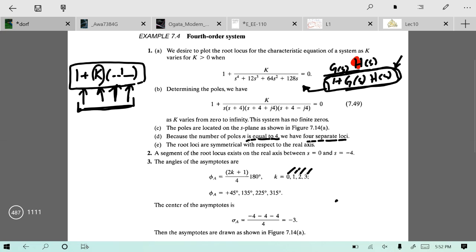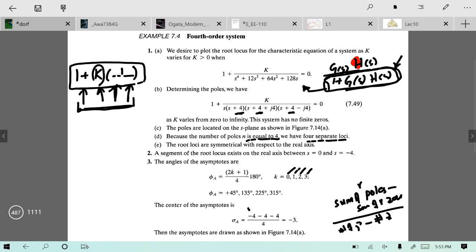The center of the asymptotes is the sum of the real parts of the poles minus the sum of the real parts of the zeros, divided by the number of poles minus the number of zeros. So this minus 4 is this, this minus 4 is this, and the third one minus 4 is this.